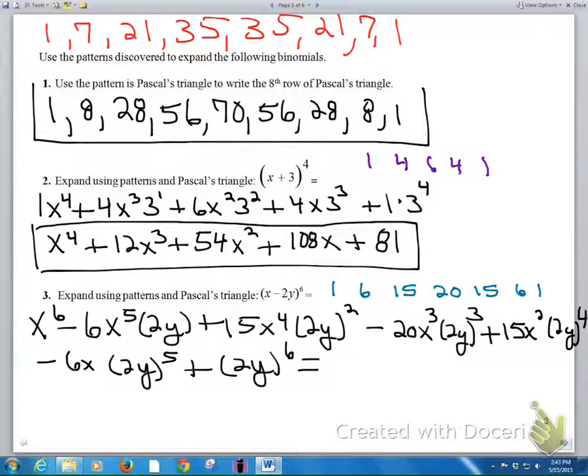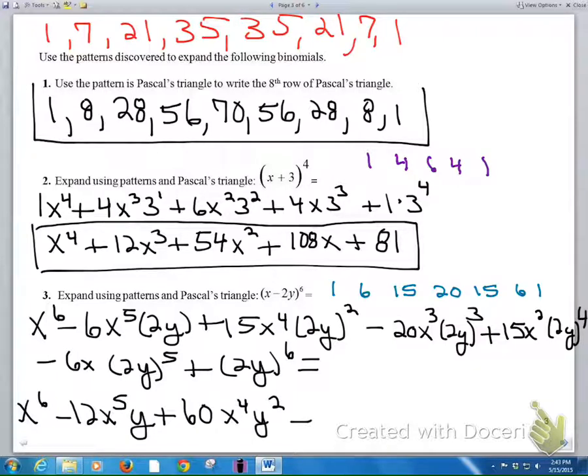So now here we've got to clean it up. So we've got to multiply 2 and 6. And then we've got to square the 2 to get 4 and multiply it by 15. So 4 times 15.